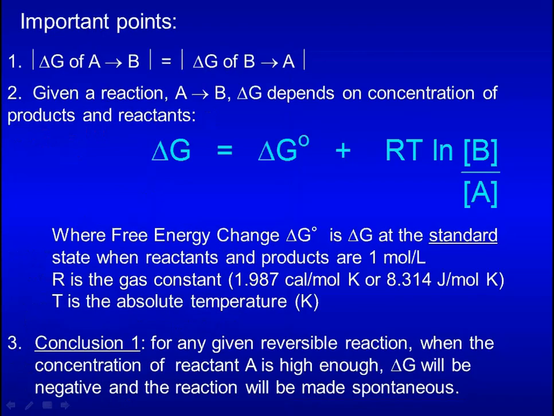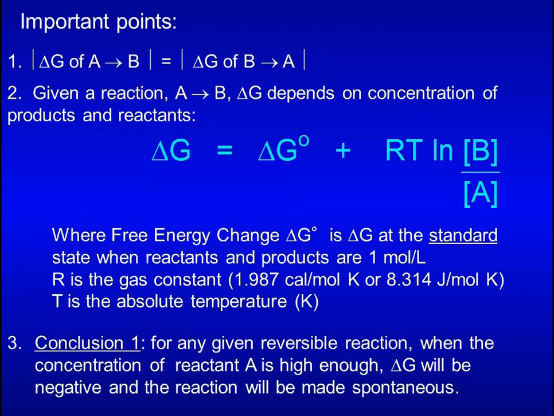There are a few important points I want to highlight here. First, given a reaction A to B, the absolute value of delta G for this reaction equals the absolute value of delta G for the reverse reaction B to A. Second, delta G depends on concentration of products and reactants.